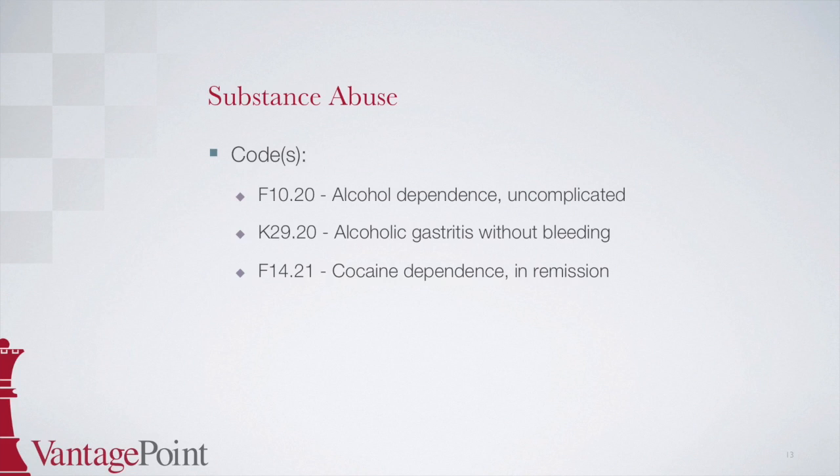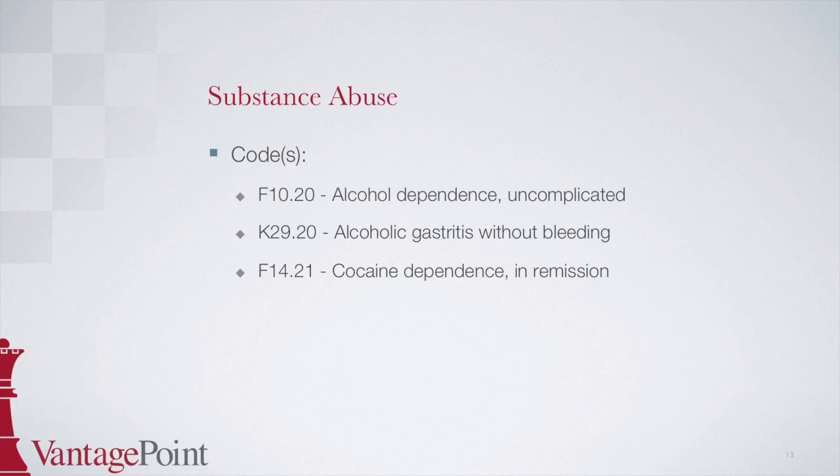Our last code is F14.21, cocaine dependence in remission. In the alphabetic index, you would start with the term history and then find the term personal indented below. Under personal, there is an option for drug dependence with a note that states see dependence, drug, by type, in remission.